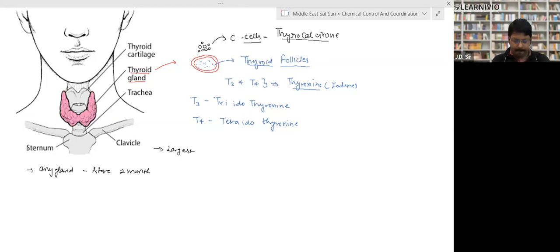Next point. It secretes thyroxine, that is a mixture of triiodothyronine and tetraiodothyronine, which are secreted by the thyroid follicle.